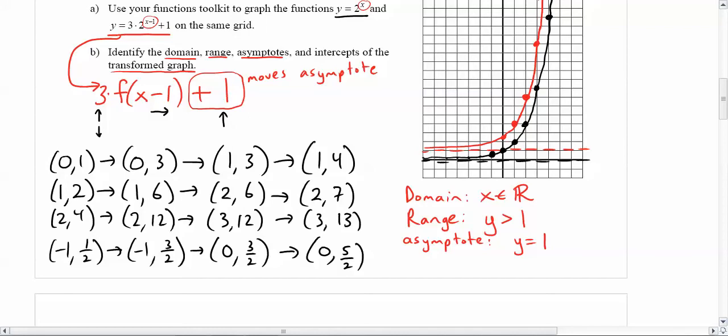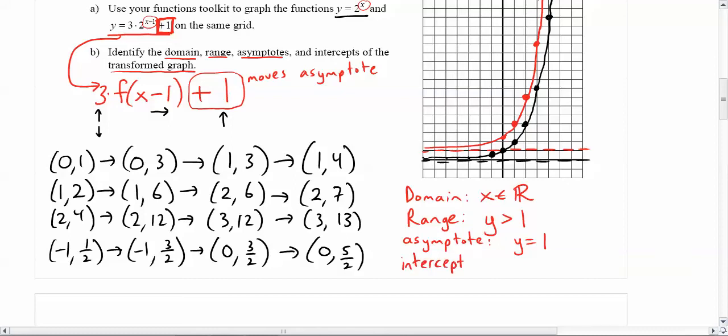And you can always find this as your d value, the last value, your horizontal or vertical translation value in your graph. It's always this last constant term. That gives you both the range and the asymptote. The intercept is a little bit harder to find.